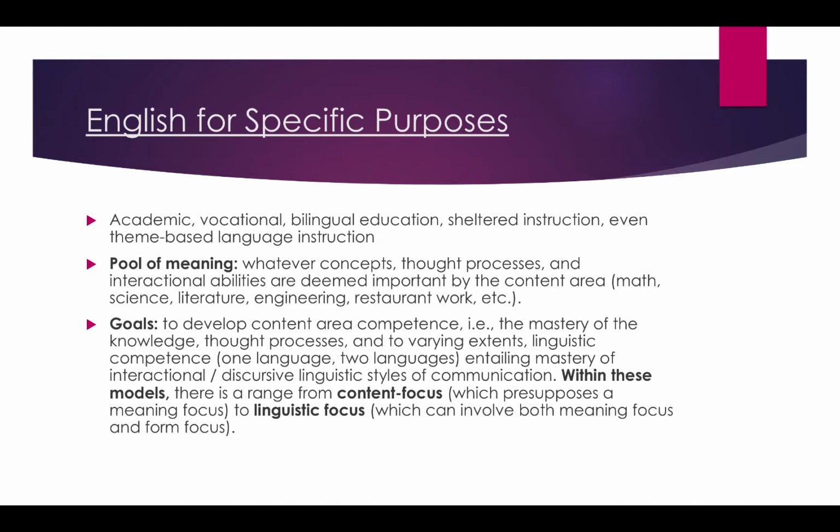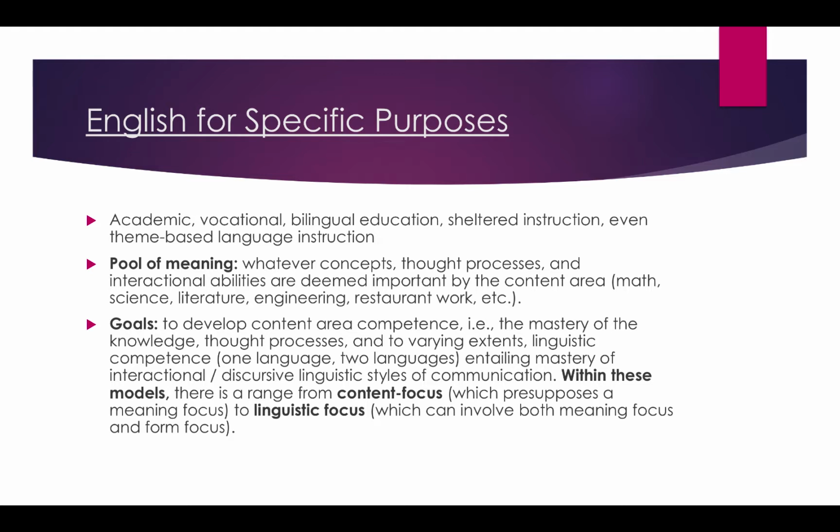Then there's English for specific purposes, and that will include academic purposes, vocational purposes, and bilingual education, which can be done in academic and vocational settings, sheltered instruction, and even theme-based language instruction for that matter. And so the pools of meaning for these are whatever the concepts, whatever the valued thought processes, whatever the interactional abilities are deemed important by each specific content area, each specific purpose, whether it be academic, whether it be vocational.